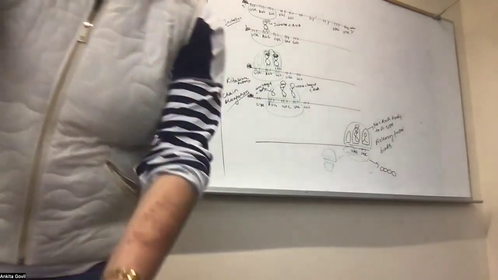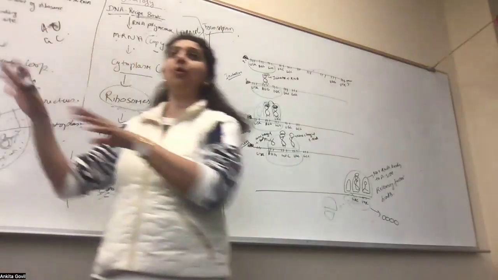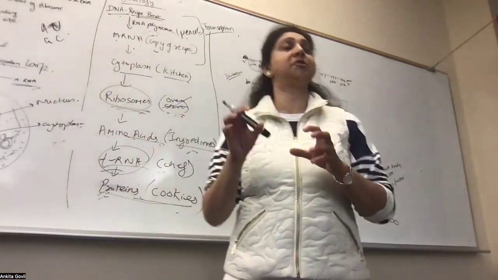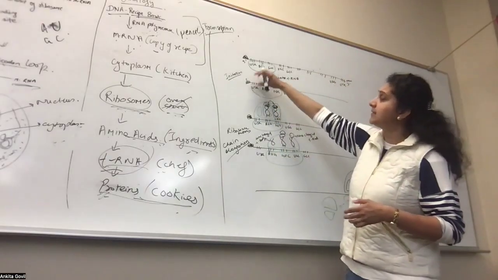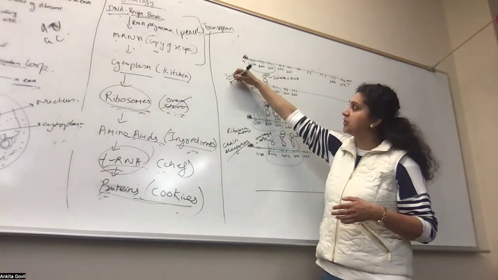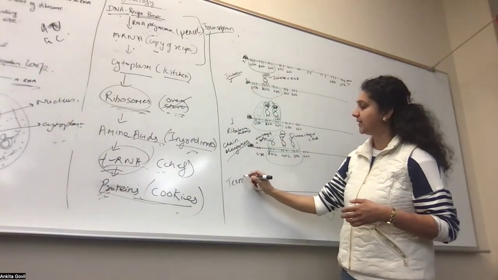Okay, now the actual process of translation. How does that take place? So we know the basics, all the small basics that are involved in it. It has 3 steps: initiation, elongation, and finally termination.